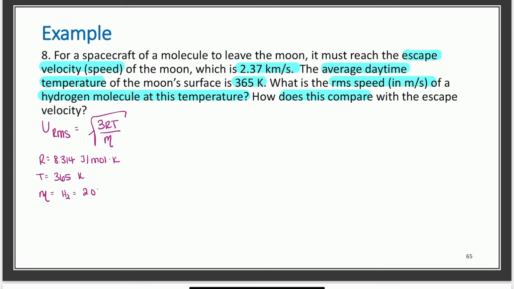So 2.016 grams per mole. I'm going to need this in kilograms, I apologize, times 10 to the negative third kilogram per mole. Because for this equation, I need kilograms. Because I'm dealing with joules. Joules are kilogram meter squared second squared.